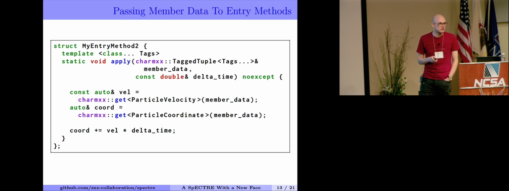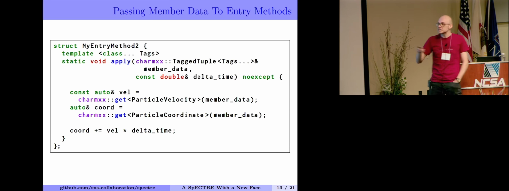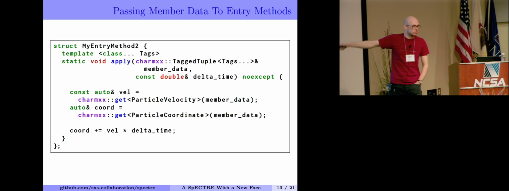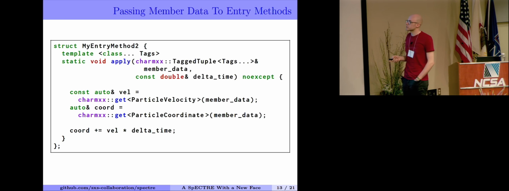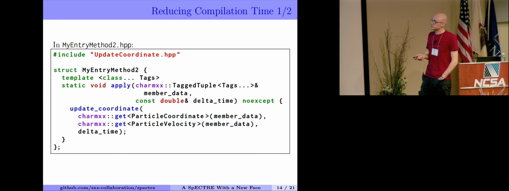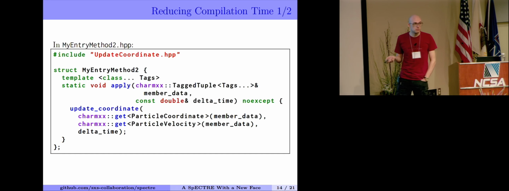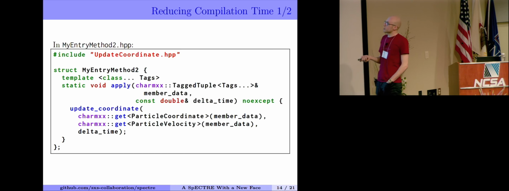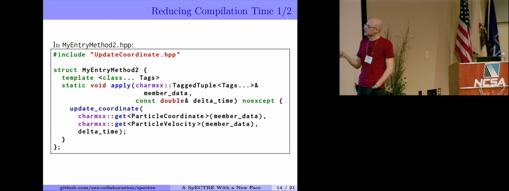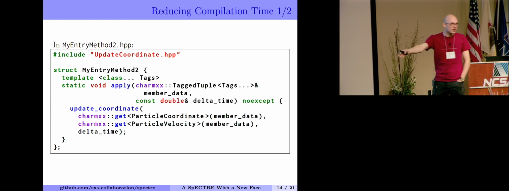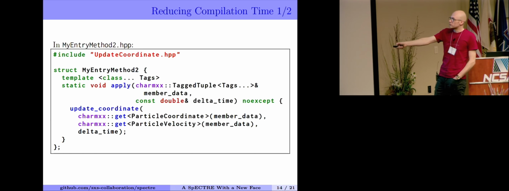Correct. Yeah. Right. So the idea is this is sort of where, let's say, your stencil code or something like that, in terms of here's where all your sends and receives go effectively in these entry methods. And so one thing that you always have to worry about when you start sticking everything in header files is what's going to happen to my compile time. And so for that, you can address it by saying, okay, well, I'll just stick all my user code into a CPP file, and then I'll just call that function there.